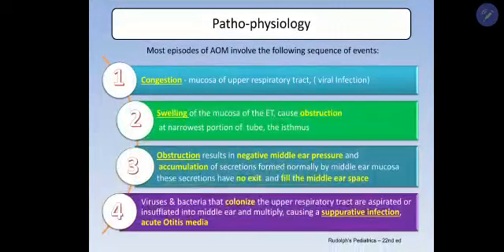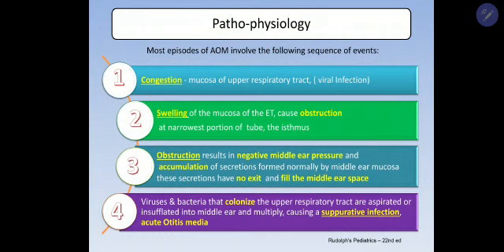Now, how does the disease progress? What is the sequence of the disease? What comes first, then what next, and what next? So there are usually certain stages. The first one is just congestion. This starts from congestion of the upper respiratory mucosa. It can be viral, later on it switches over to bacterial.